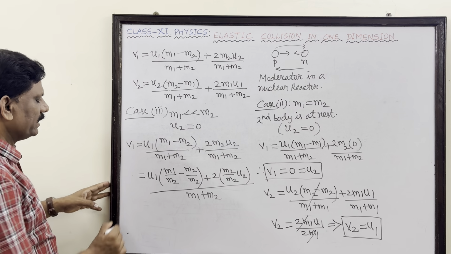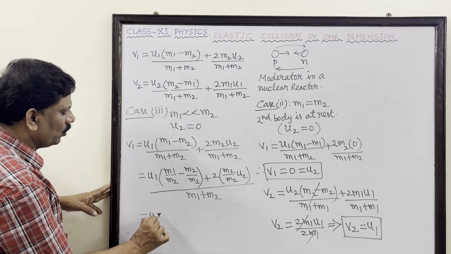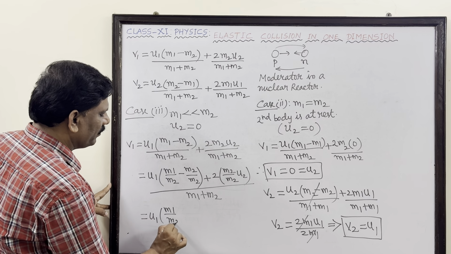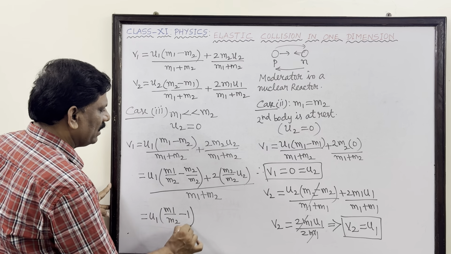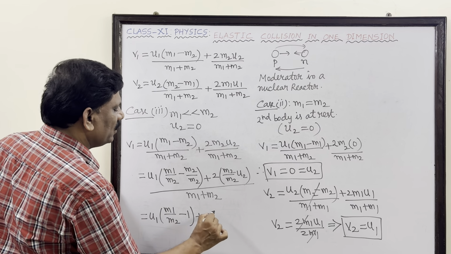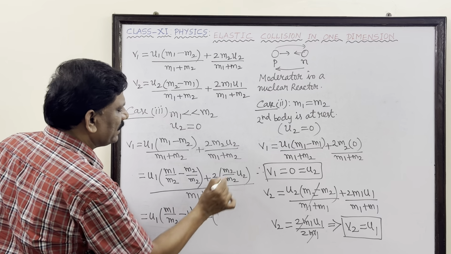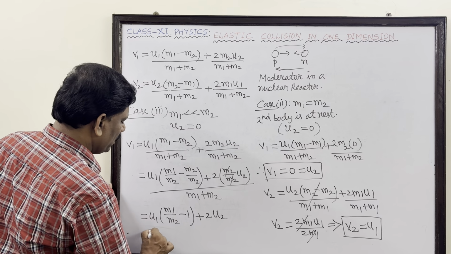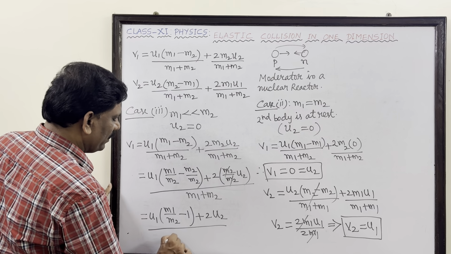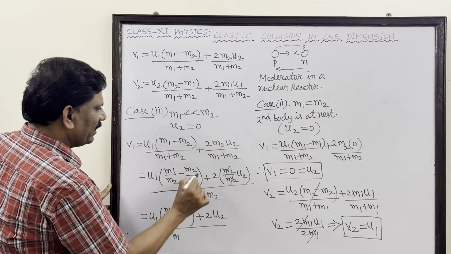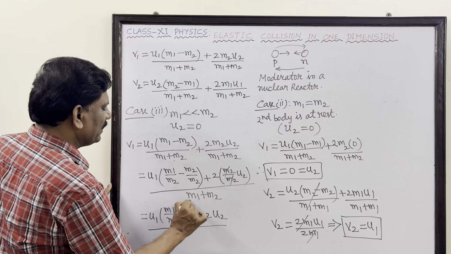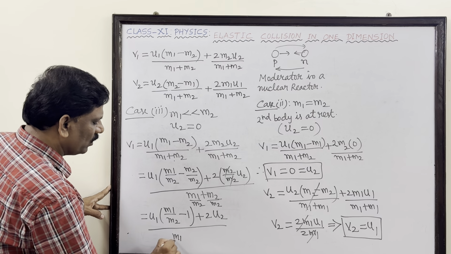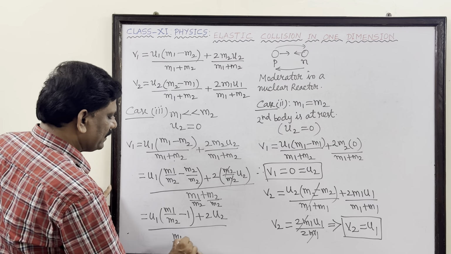So this is u1 into (m1 by m2 minus 1) plus 2 into u2, since m2 by m2 is 1. I divide the denominator also by m2, so it is m1 by m2 plus 1.